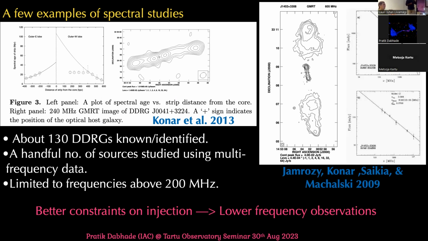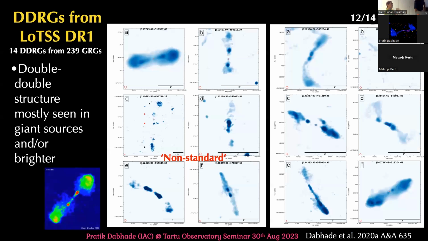This has not been possible before because low frequency instruments have really started to function well only in the past 8 or 9 years. So there was a limitation before, also in the number of sources.